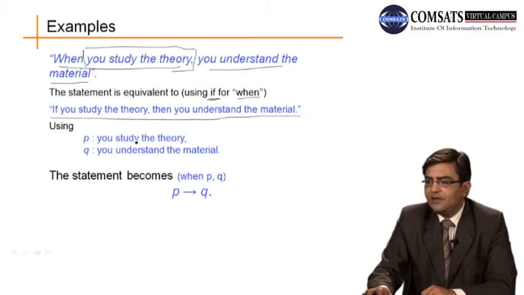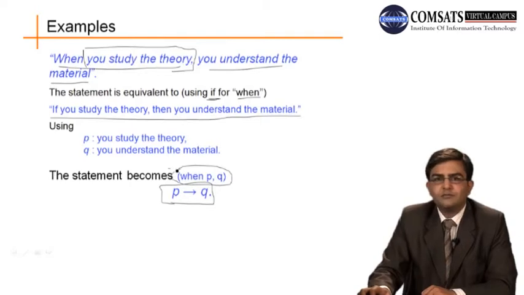So if you take P as you study the theory and Q as you understand the material, then the statement becomes P implies Q, or if P then Q. The form of the given statement is written here as when P, comma Q.